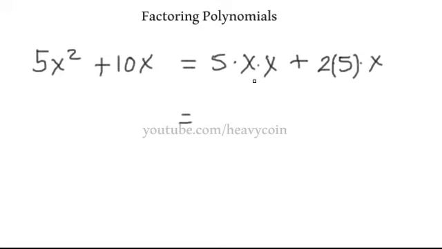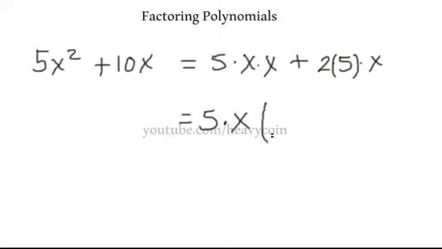Okay, so let's look at this. We have two x's here, we have an x over here, and we have a 5 and we've got a 5 here. So we're going to look at what's over here that's the same thing that's over here. So I'm going to pull a 5 out because 5 is in both of these, and I'm also going to be able to pull out one x because there's an x here, and an x out of here.